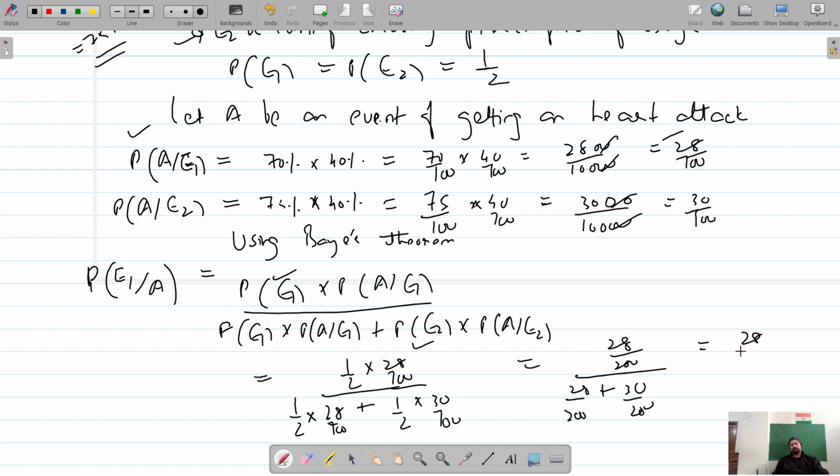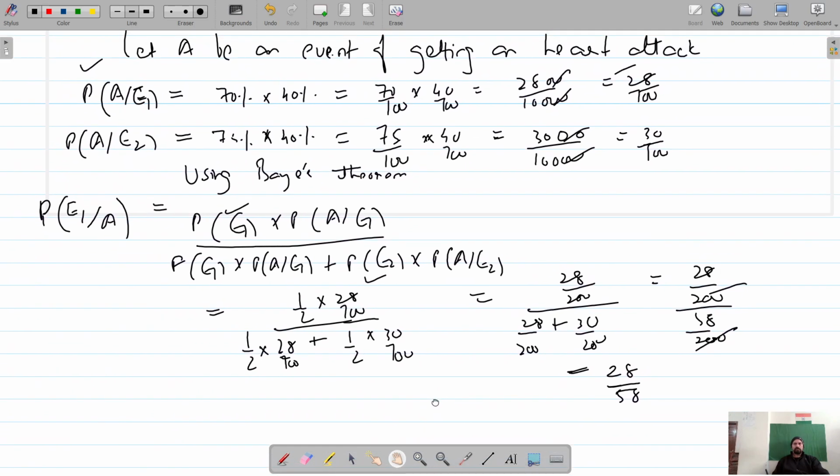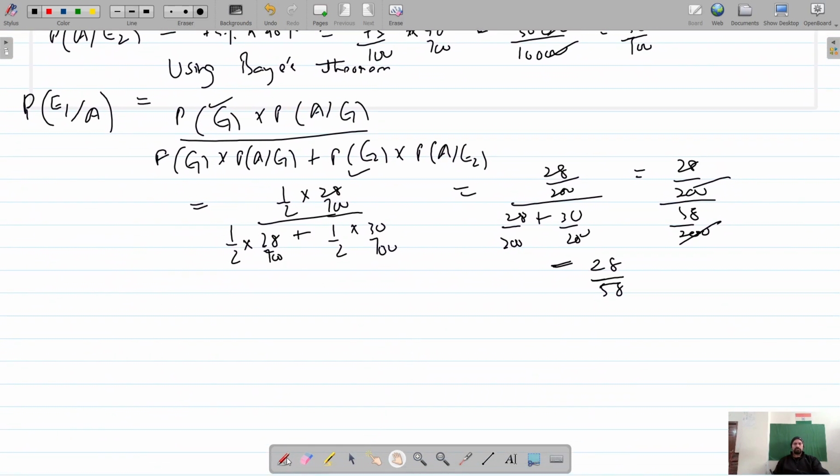So that should be equal to 28 by 200 upon 58 by 200. 200 gets cancelled, so we are left with 28 by 58. So that should be equal to 14 by 29.